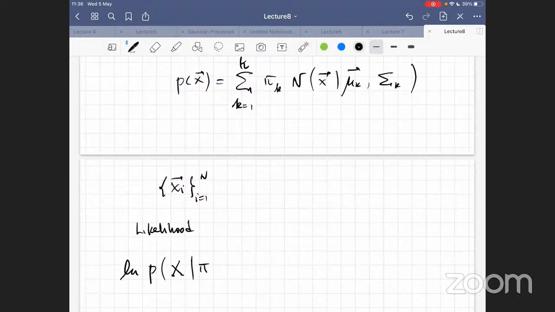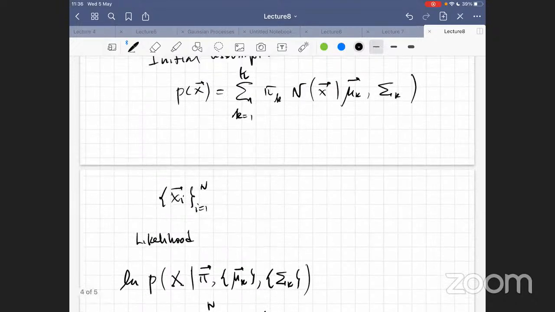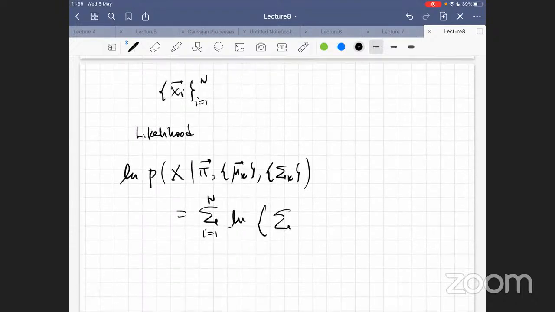All of these coefficients I will just collect in a vector pi. And each of these Gaussians will have a mean and will have some covariance. And this is just the log of the sum, so this is the sum over k from 1 to K, pi k, and your normal of x_i, mu k, sigma k. This is my likelihood here.